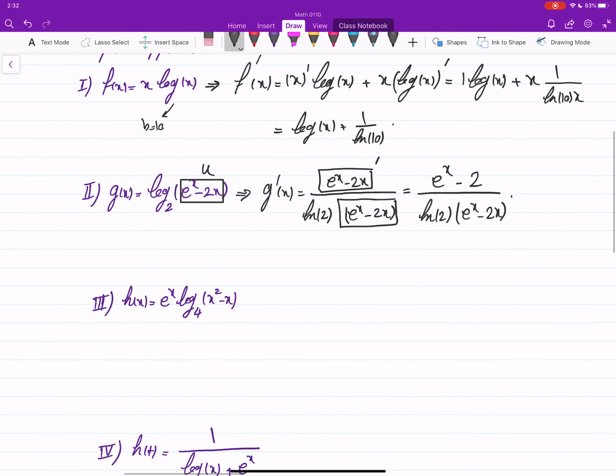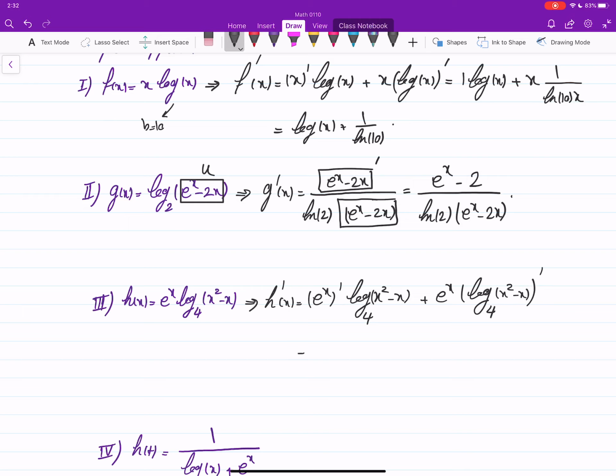One more, h prime of x is the derivative of the first one times the second one, plus the first one itself times the derivative of the second one. Derivative of e to the power x is e to the power x.